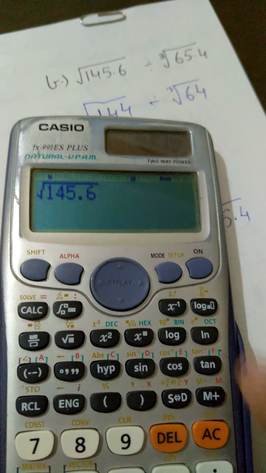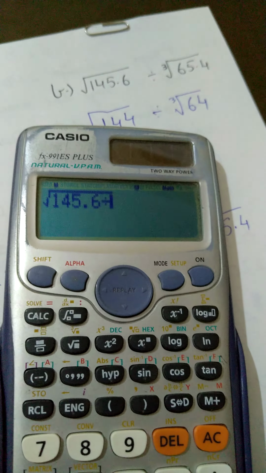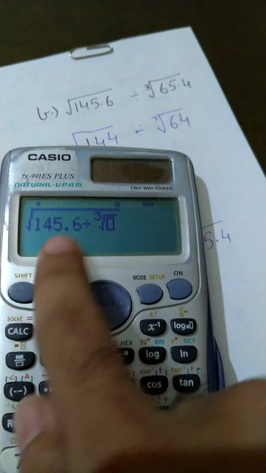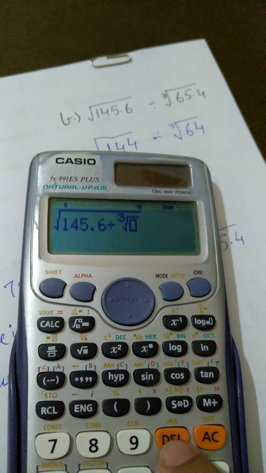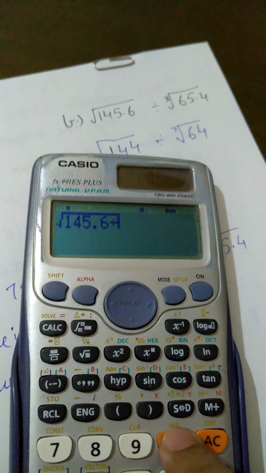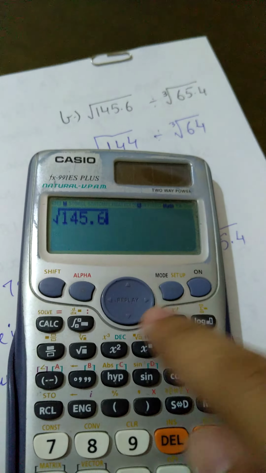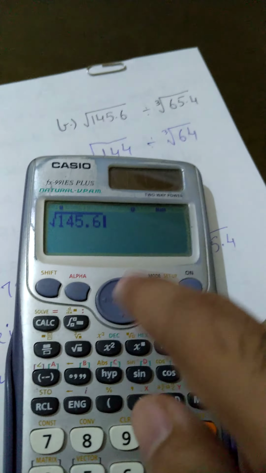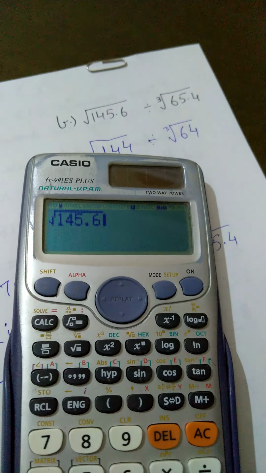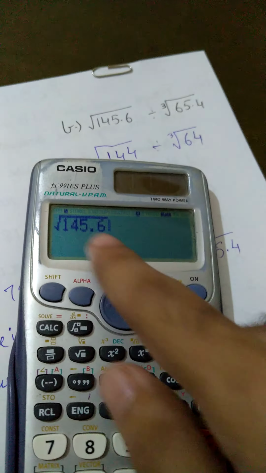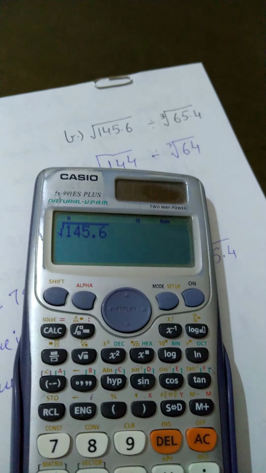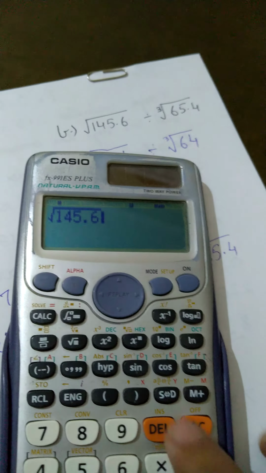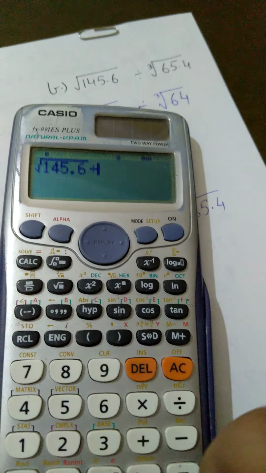It's very important. Without this space, if you put the divide sign and then the cube root, it will give you a confusing root like this. This is not what we want, so we will delete it, and after the square root is completed, please give a gap. This gap means that the square root is not on the whole value; the square root is finished on this particular value. Now after giving a gap, I will press the division sign.